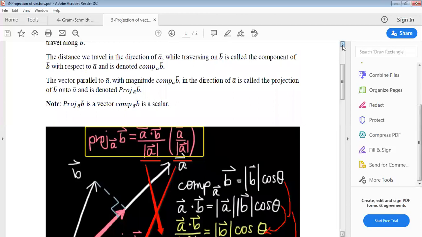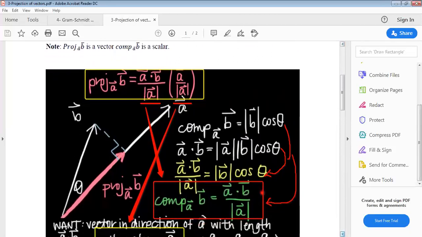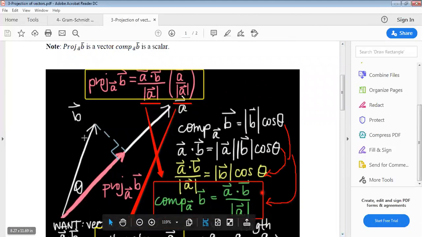The distance we travel in the direction of a bar while traversing on b bar is called the component of b bar with respect to a bar. Right? So I am traveling on this vector b bar.